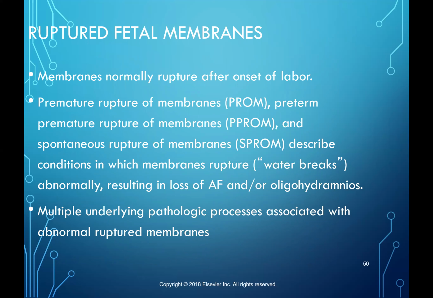Premature rupture of membranes, or preterm premature rupture of membranes, or spontaneous rupture of membranes, most of the time we just say PROM, describes a condition in which the membranes rupture, or the water breaks, abnormally, resulting in loss of amniotic fluid, or oligohydramnios. So you want the water to break when the mom is 40 weeks pregnant and going into labor, but you don't want the water to break early.